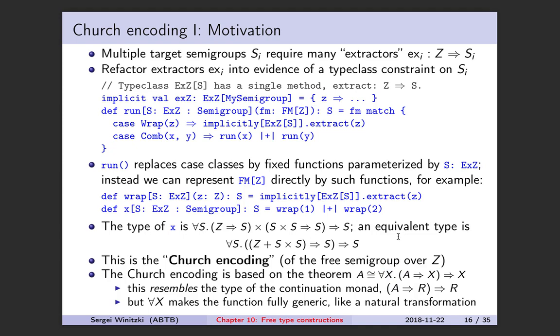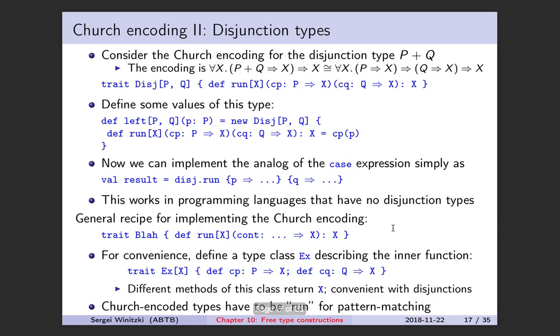So in order to develop intuition, let us consider a simpler example where we take an ordinary disjunction type, not a functor, nothing like that, just an ordinary disjunction of types P and Q. And let's work with its Church encoding. By definition, the Church encoding of this type is this type expression.